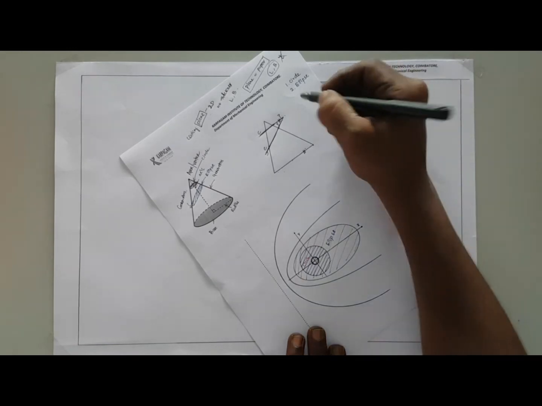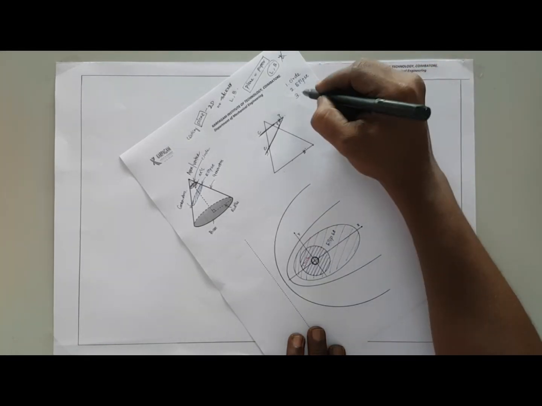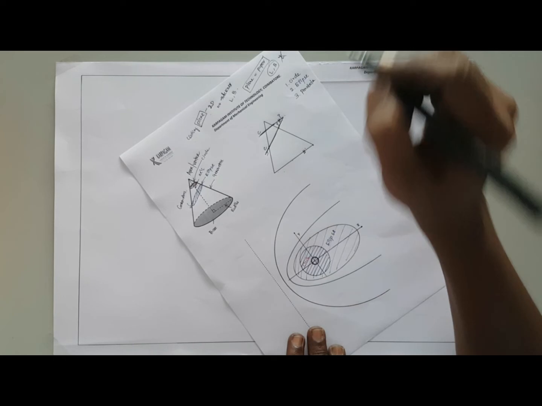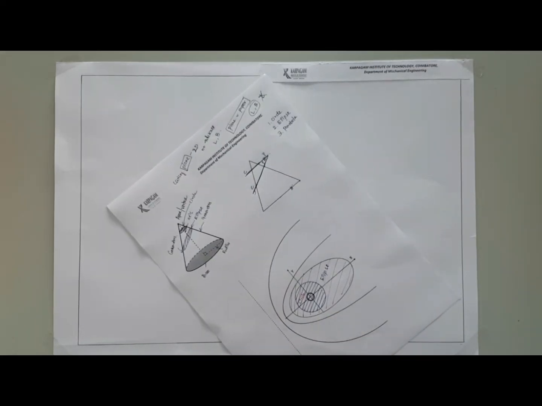And the third one is a parabola. How can we get a parabola? Again, it is very simple.